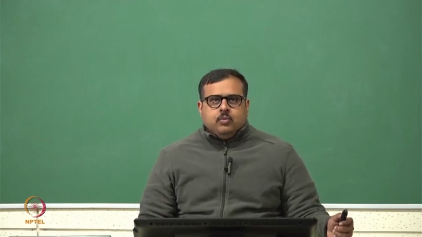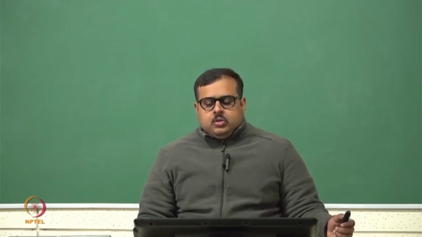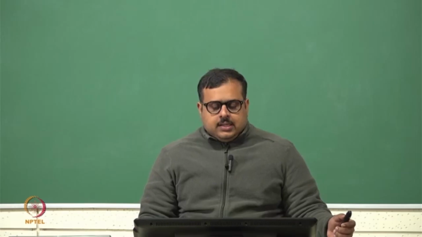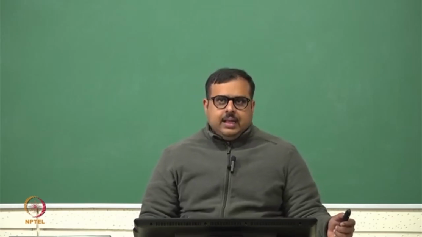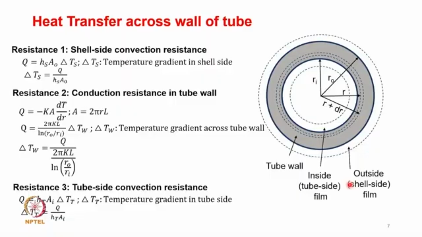So now let's move on. Let us look in slightly more detail at what is happening inside a heat transfer equipment. This will help us derive the expression for the heat transfer. What you see here is a cross-sectional area of the tube, and this is of course the tube wall.